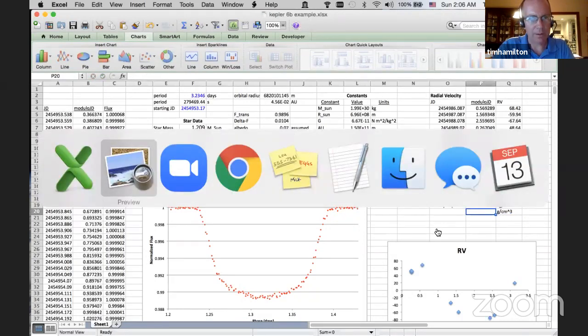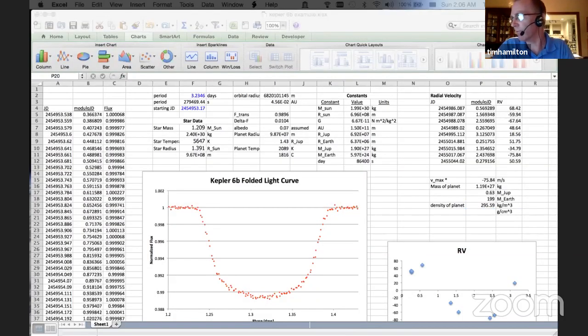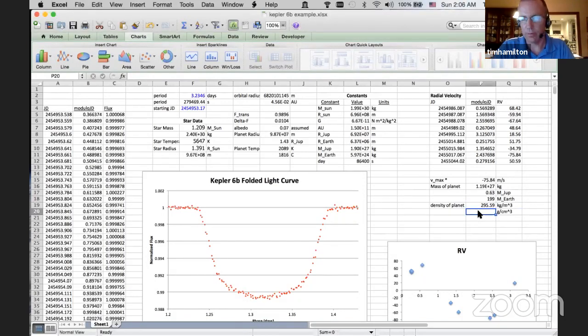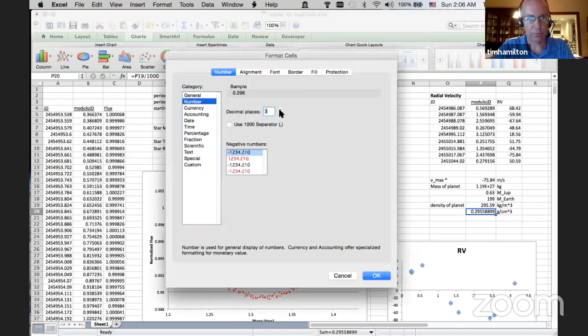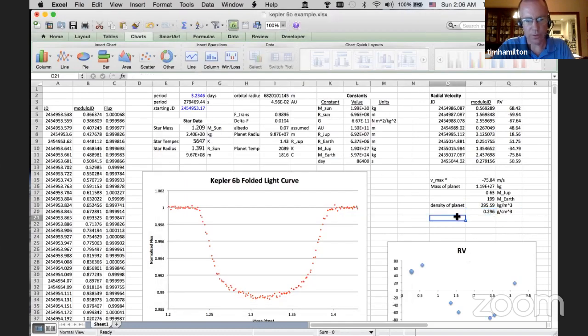Now, grams per centimeter cubed, I've got to look up the conversion here. Okay, we're dividing by 1,000. So that's equal to that, divided by 1,000. Oh, that was easy enough to do. Let's give it 3 decimal places. Okay.